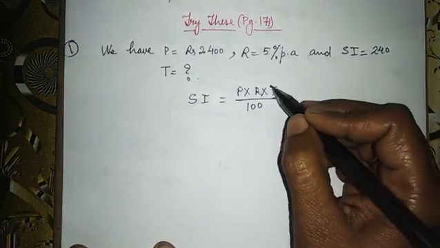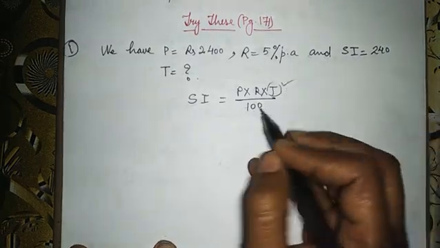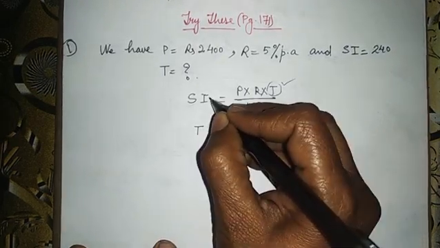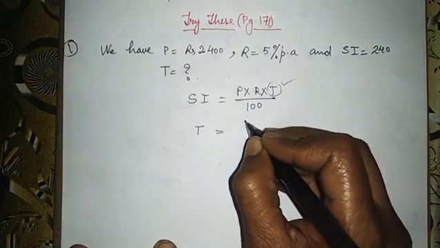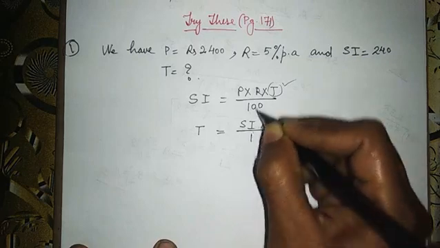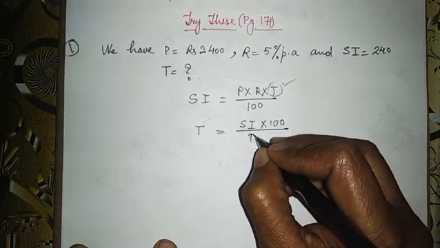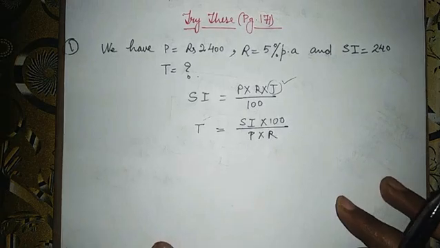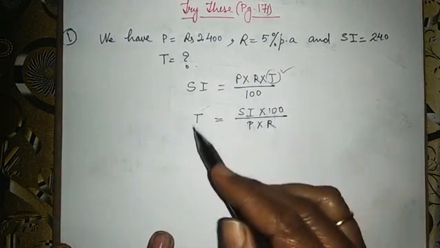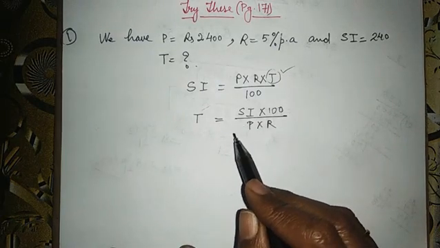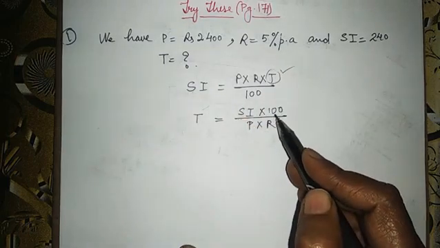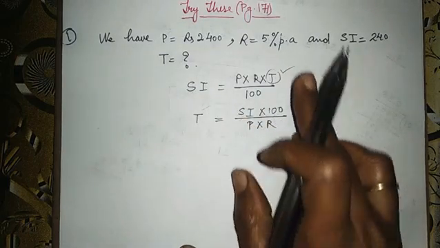And if you want to calculate time, what you will do? T is equal to SI into 100. This 100 you will write in multiplication with simple interest. So SI into 100 upon, here it will come in division, P into R. Students, you can write this formula directly also, no problem. How this formula is coming, to tell this thing, I am explaining these two steps.